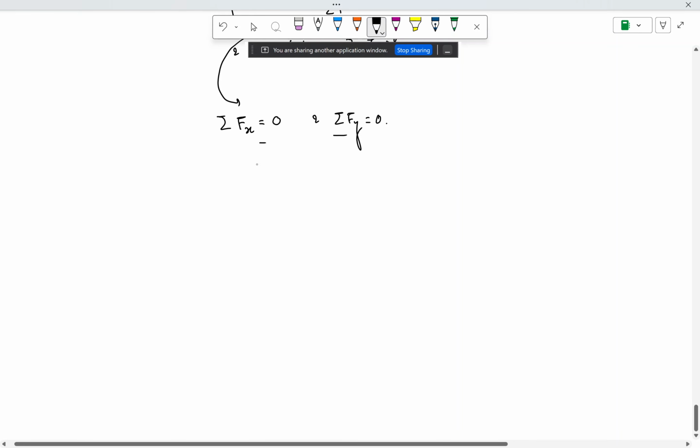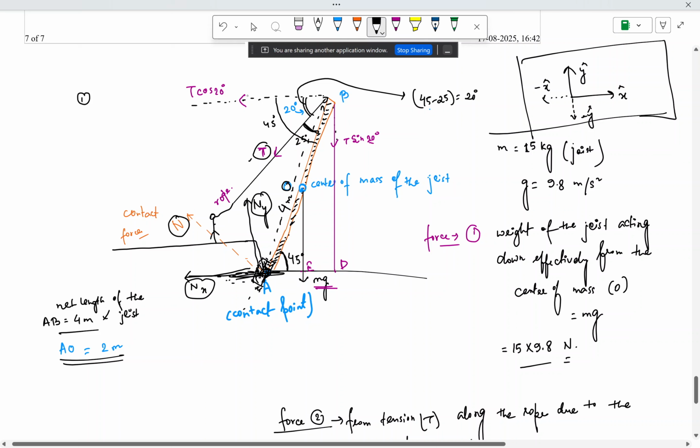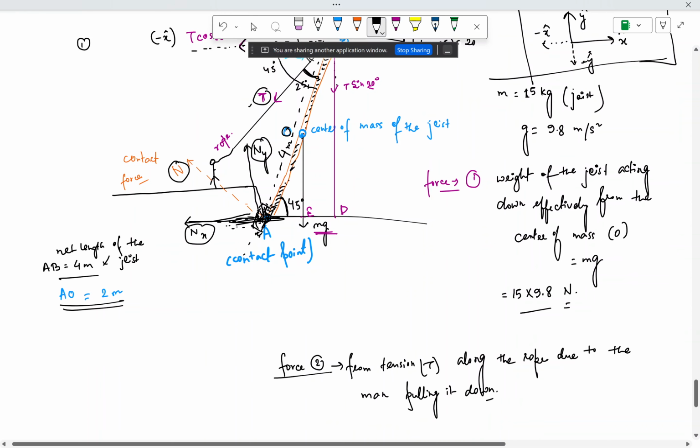Okay, let us look at that. First of all, there is one force, which is this T cos 20 degree, which you can see is acting in the left horizontal direction, which is basically your minus x cap, because it is horizontal and towards the left. And the only other horizontal force acting in this problem is this nx, right?